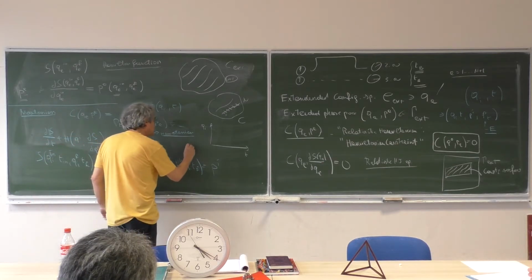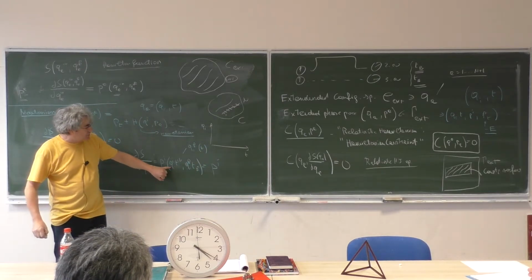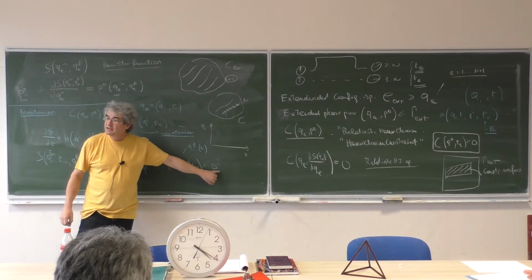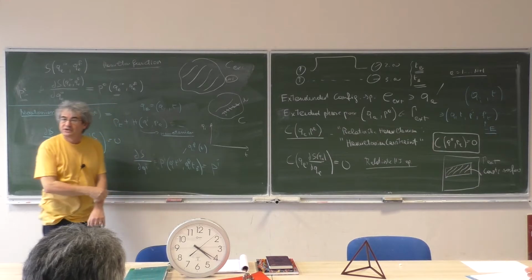So you can extract from that q_i final as a function of time for each point in the usual phase space, q_i, p_i. Each one of these gives a motion, a standard motion.